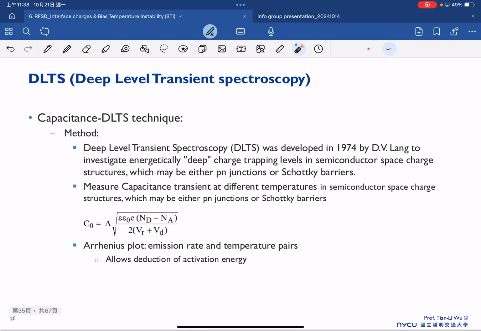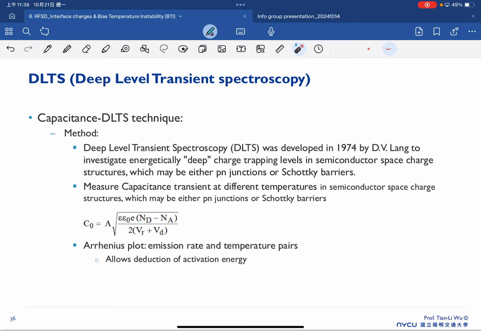So the first one is capacitance DLTS. The full name is deep level transient spectroscopy. It's a very complicated name, and its idea is to look at the trapping level happening in the transient.